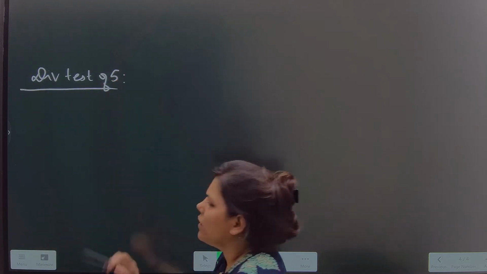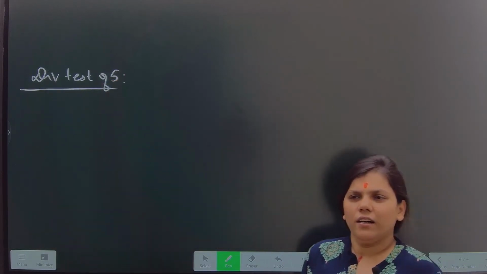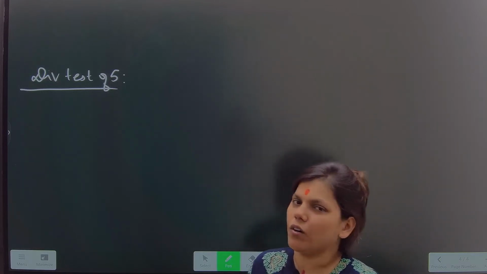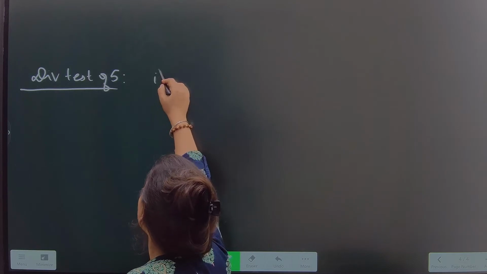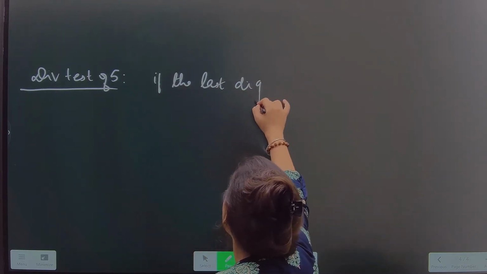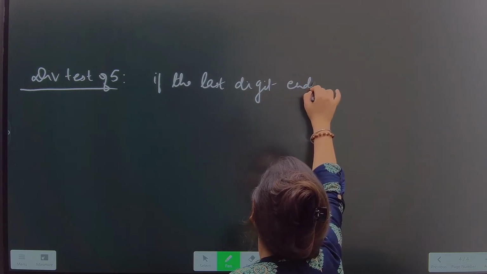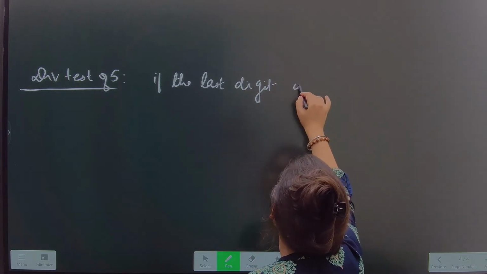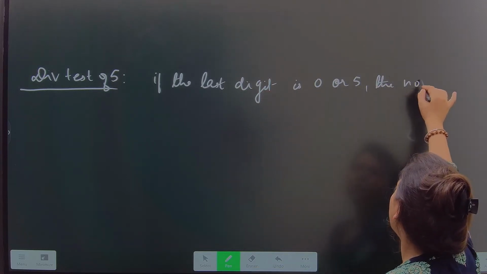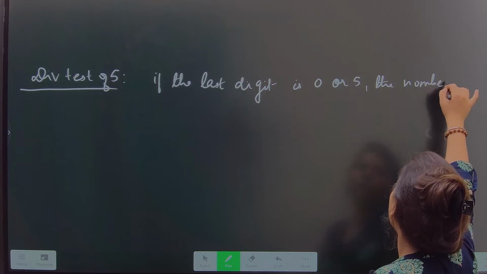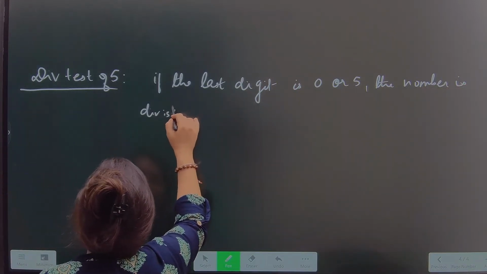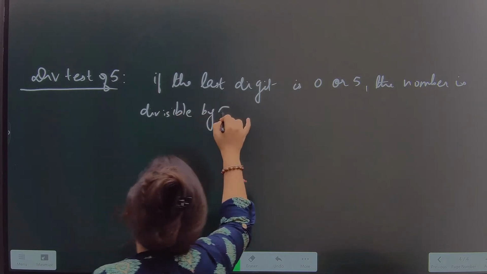You have understood. Divisibility test of 5. Now, this is very easy. Divisibility test of 5 is that you just need to check the last digit whether it is 0 or 5. If the last digit is 0 or 5, the number is divisible by 5.